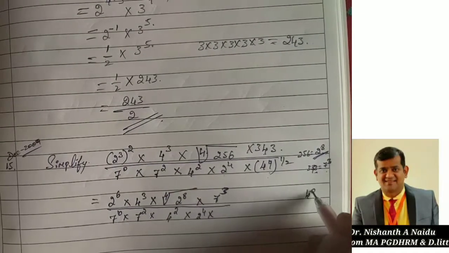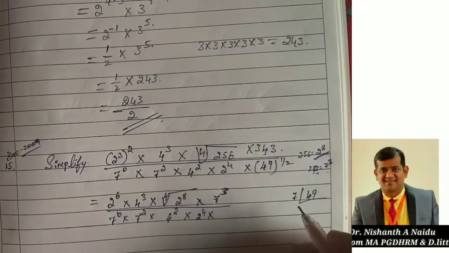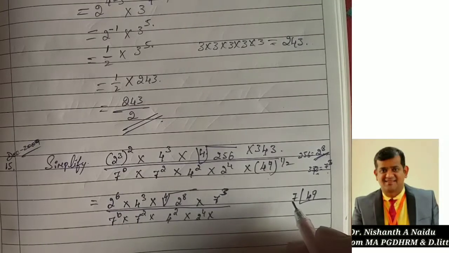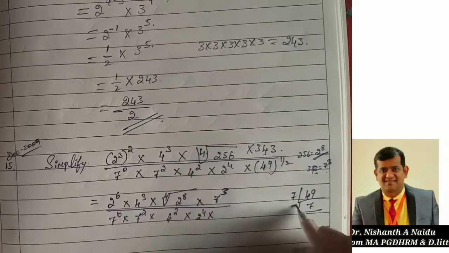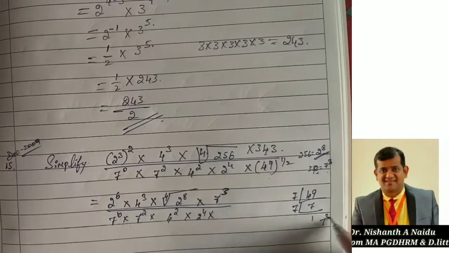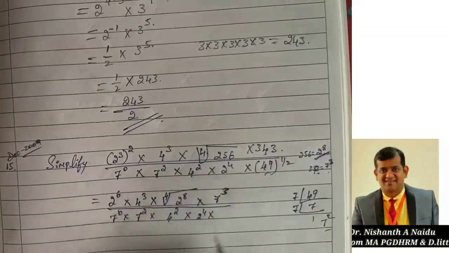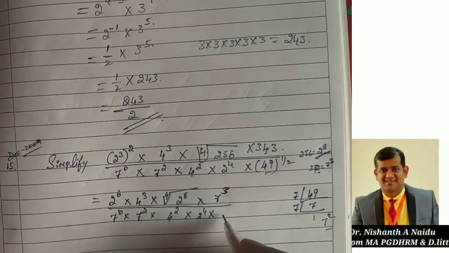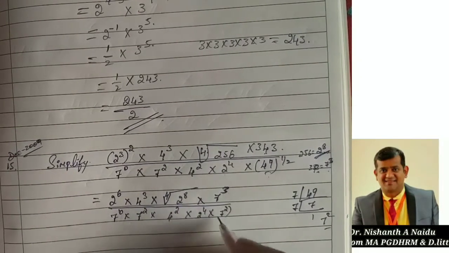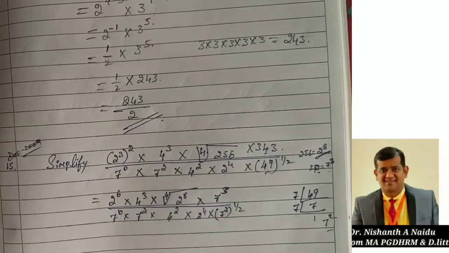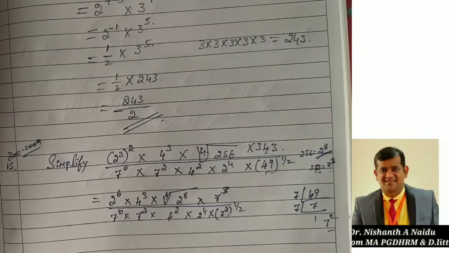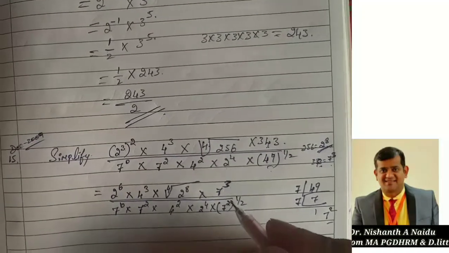If you take 49, 7 sevens are 49, 7 ones are 7. So 7 to the power 2. So this 49 is 7 to the power 2, and 7 to the power 2 whole power 1 by 2. Clear? So after this step, let us move further.